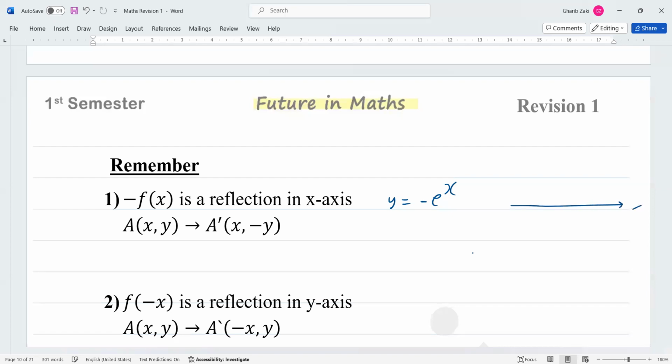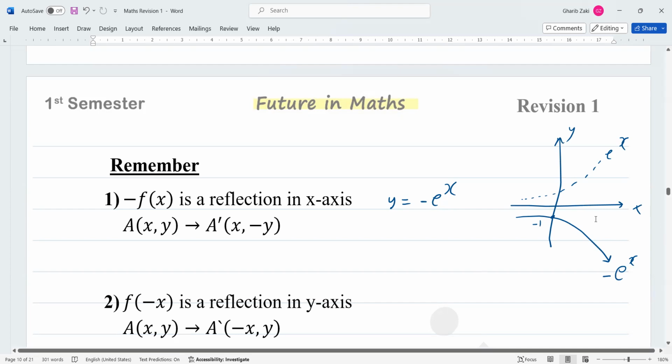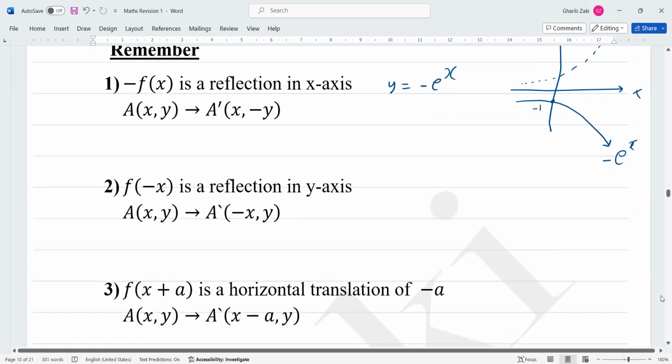How? This is x, and this is y, and this is the function e to the power x. If we put a mirror at the x-axis, then we reflect e power x, and it becomes like this. So this is negative e power x, which intersects the y-axis at the point negative 1. So if the negative is in front of the function, it will be reflection in x-axis.